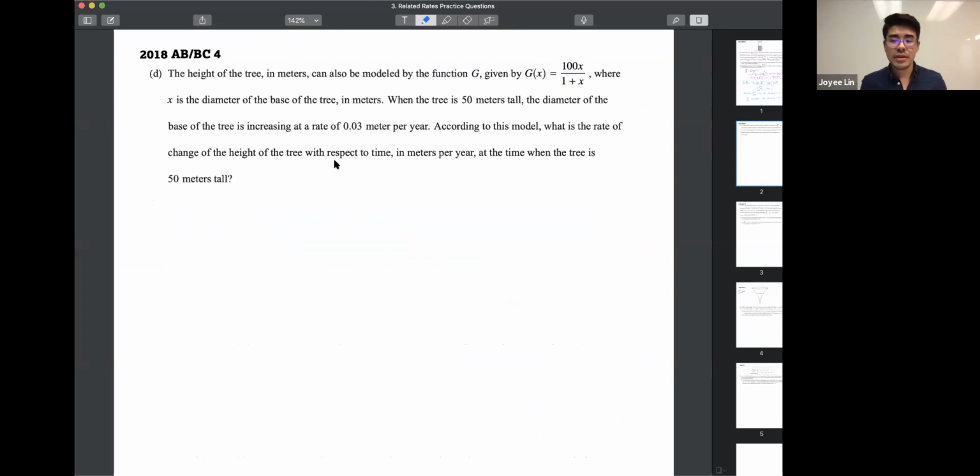So then we can call this what? It says x is the diameter, right? So then this is dx dt. According to the model, what is the rate of change of the height with respect to time? So let's take the derivative of both sides. So g prime of x is equal to, we have a quotient here.